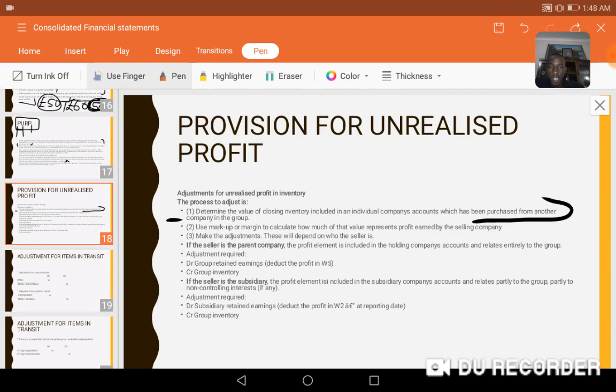Make adjustments. This will depend on who is the seller. So, for example, if the parent is the one selling, the profit element is included in the holding company's accounts and relates entirely to the group.